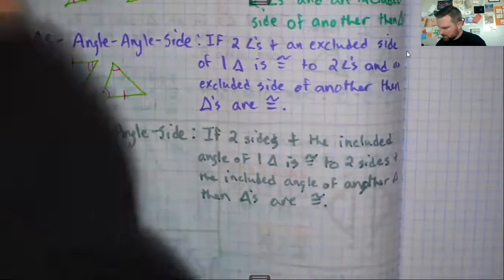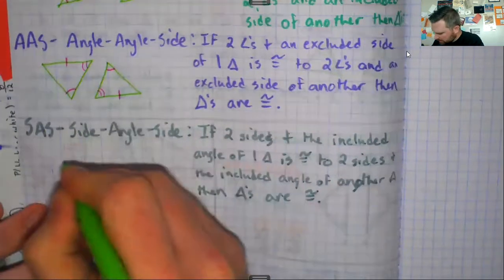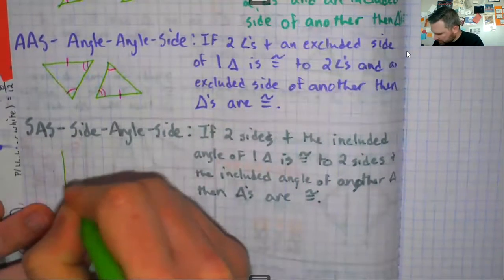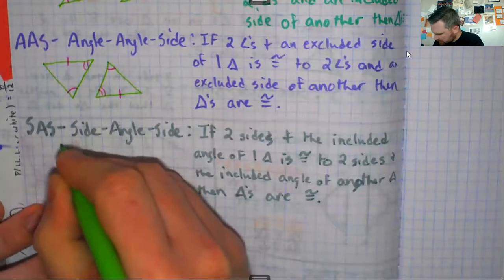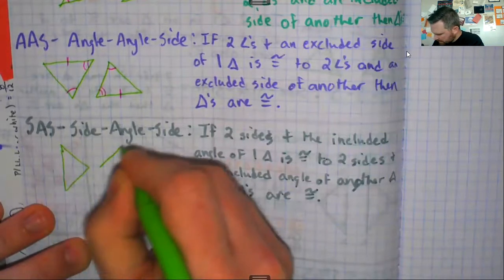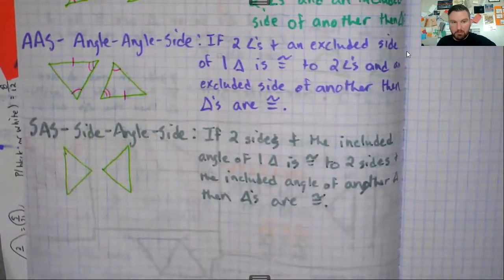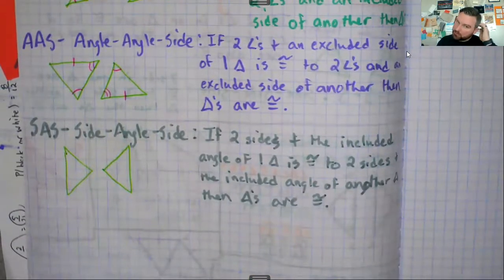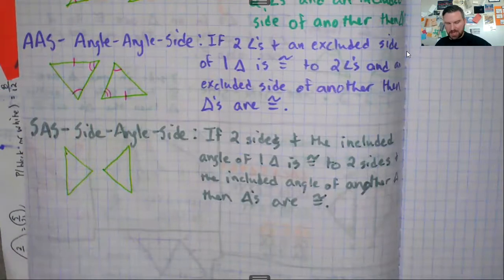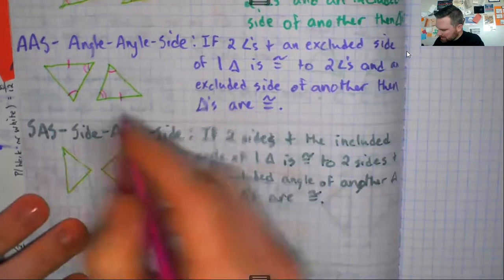Okay, our picture here. So I've got two triangles. Now I've drawn all my triangles not connected, but when you prove triangles, a lot of times they're connected in some way. Okay, so you've got side, angle, side.